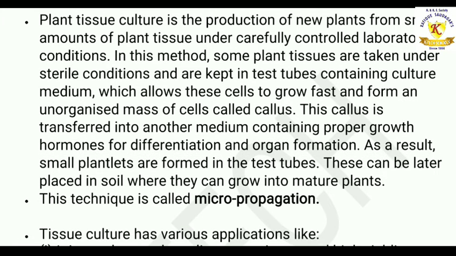This callus is transferred into another medium containing proper growth hormones for differentiation and organs formation. As a result, small plantlets are formed in the test tube. These can be later placed in soil where they can grow into mature plants. This technique is called micropropagation.